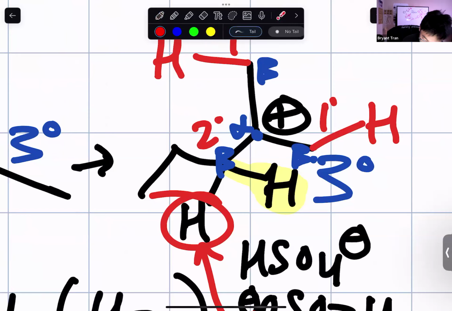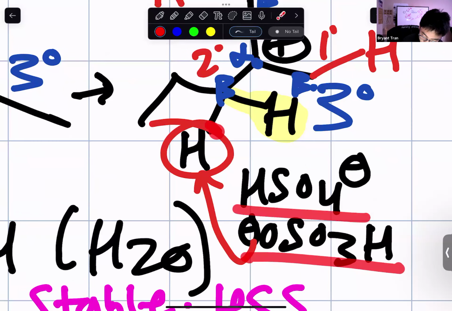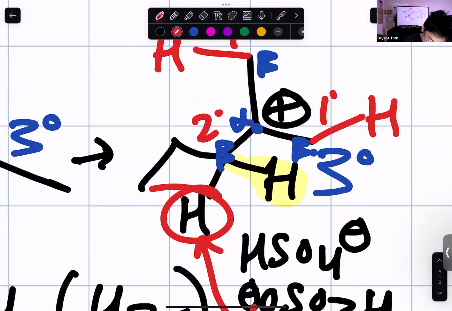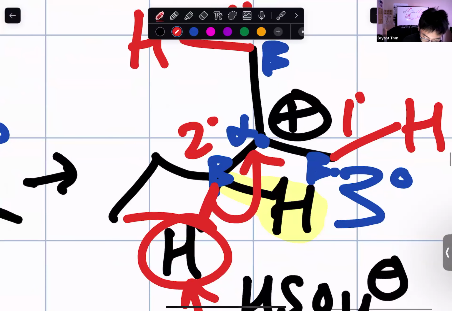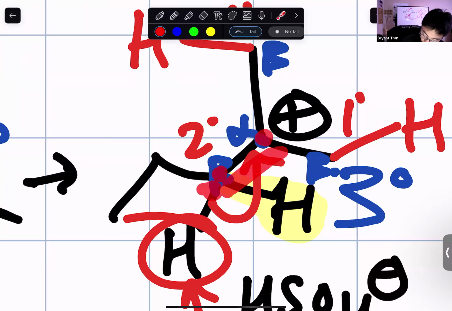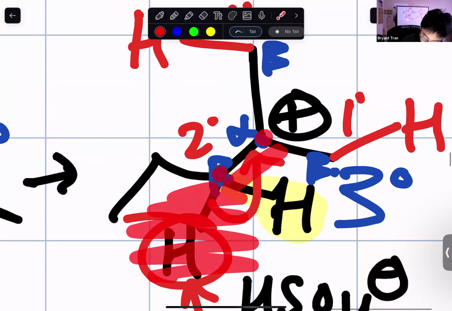And then when this HSO4 minus is grabbing that hydrogen, this bond here with 2 electrons is going to go to make a double bond right there. Right, and we can do that because we're giving this carbon here an extra bond by creating a double bond right there. And when we create this double bond right here, this carbon will maintain its 4 bonds, right? Because we're getting rid of this bond and then adding that bond right there.